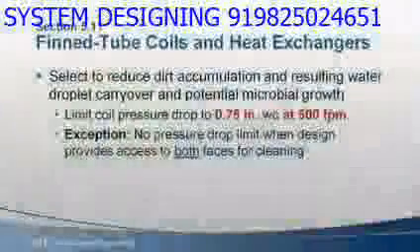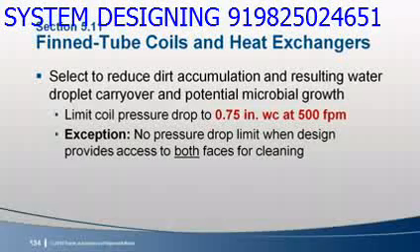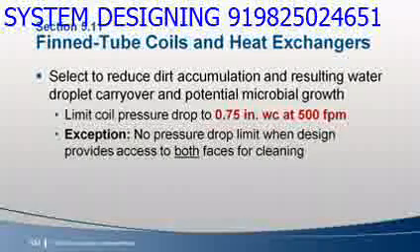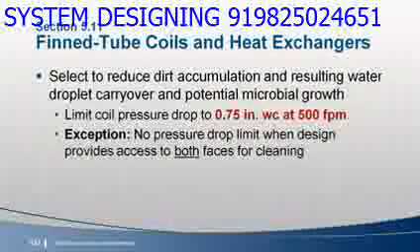Section 5.11 indirectly addresses coil cleanability. When a cooling coil gets dirty, higher coil air velocities can lead to water droplet carryover, as well as increased coil pressure drop. This problem can be reduced by keeping the coil clean.